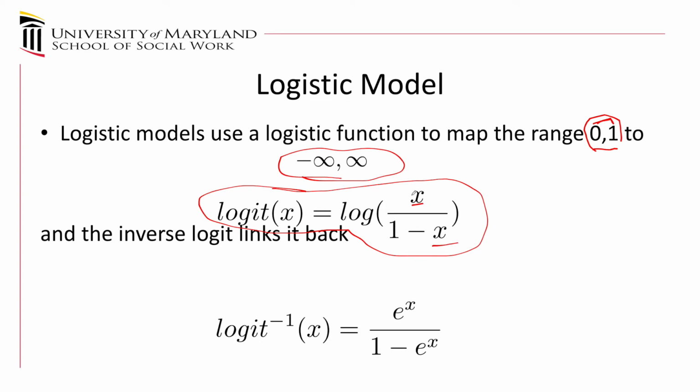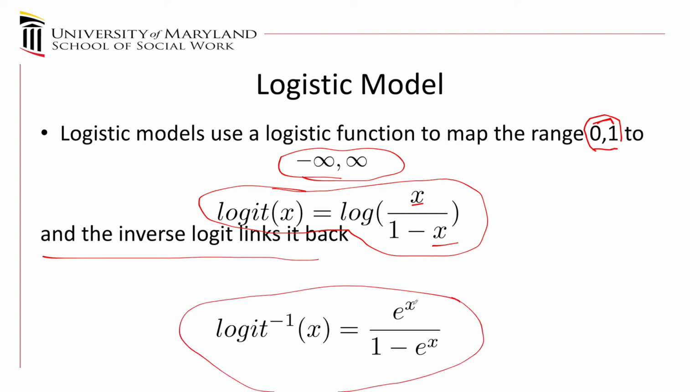In this case, x is going to be the probability that some variable equals 1 over the probability that some variable equals 0. This is the odds ratio kind of thing that we're talking about here, right? So this is the logit transformation, and then the inverse logit allows us to link it right back. So we can move back and forth between the 0-1 scale and the linear model. This allows us to take this nonlinear function and convert it to a linear function, and then we can convert it back if we want to.